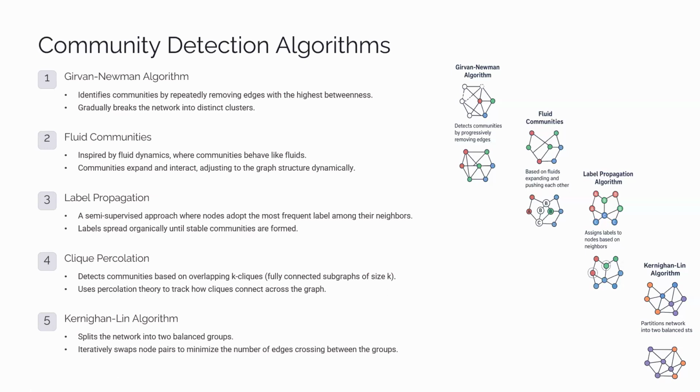We do it by partitioning the network into two sets, and then iteratively swapping pairs of nodes so that it reduces the edge cut between the two sets. We will learn more about these algorithms as we proceed through this series of our network analytics study.